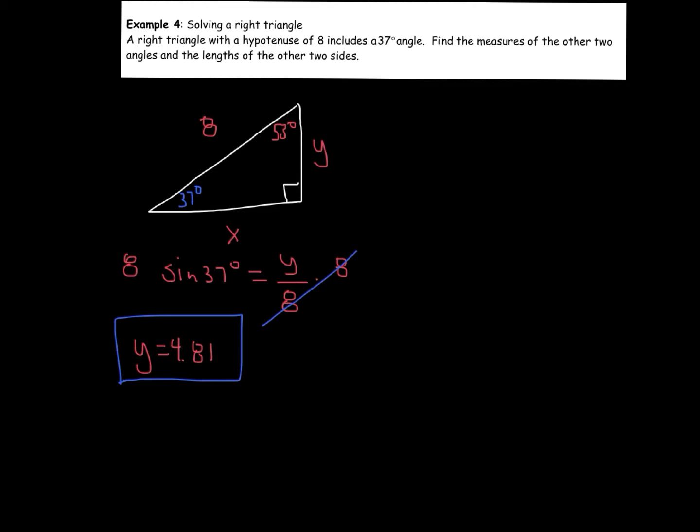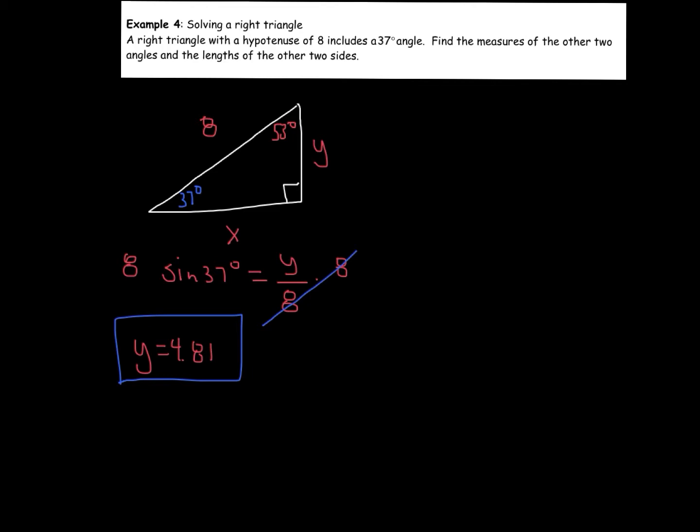Now, just to make sure you understand, you could have also chosen to use the 53-degree angle. I want to make sure you know that there are different ways to do this. You could have used the 53 angle to find y. However, if you were going to do that, what is the relationship between the letter y and the angle 53? Is it the opposite side? No, it's not. It's the adjacent.